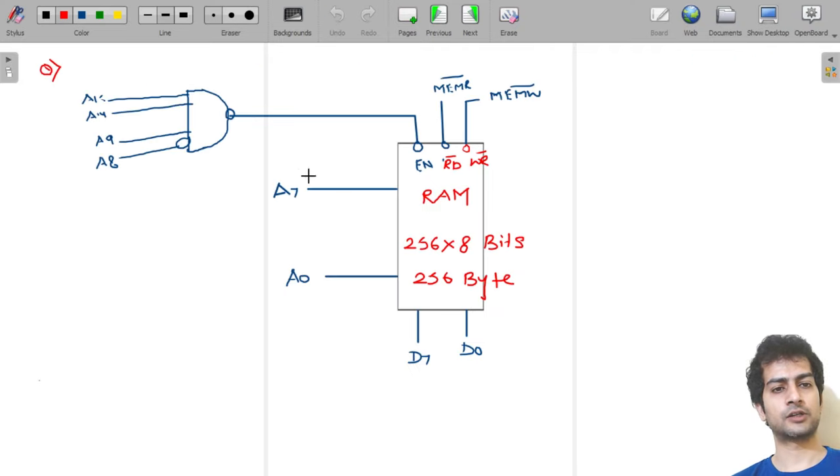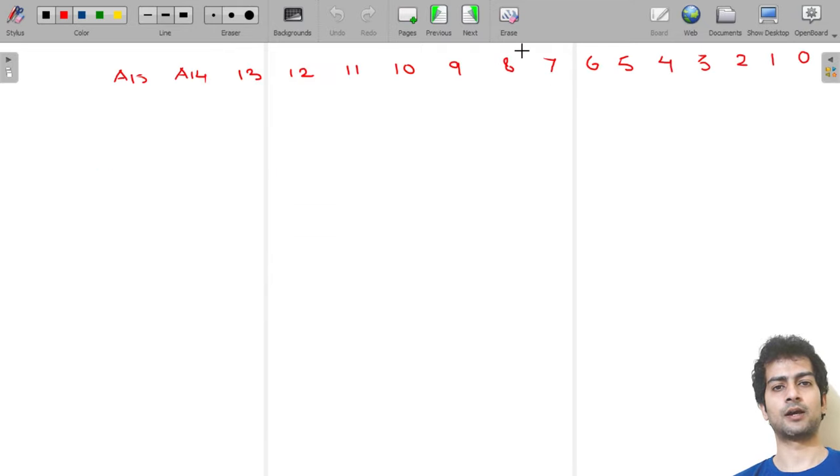Okay. First, we will look into the low order address bus A7 to A0. So, let's draw a line here. Its range will be from 00 to FF. So first we will fill this: 00 to FF.